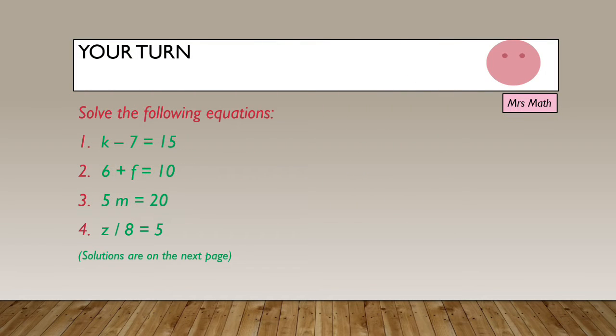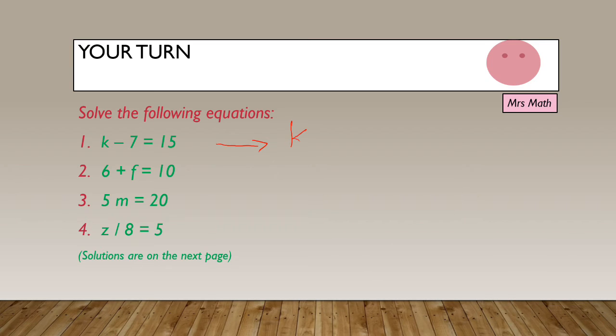Now, if you understand, you can do it by yourself. Solve the following equations. Number 1, k minus 7 equals 15. Try to do it by yourself, then you will see the answer on the next page. Okay, now k minus 7 equals 15. I think you all got it.